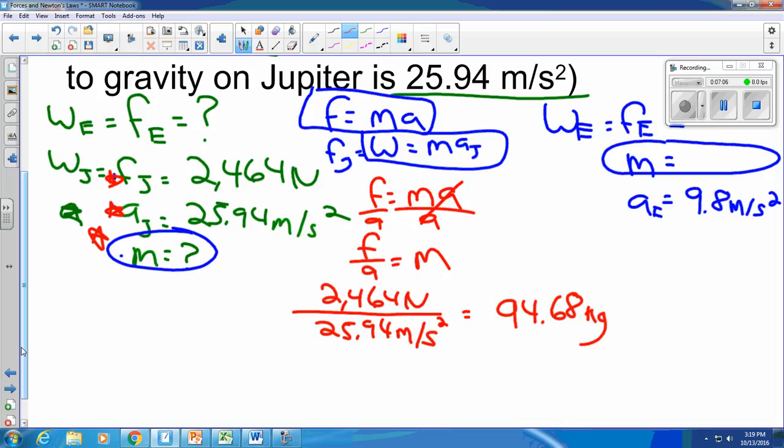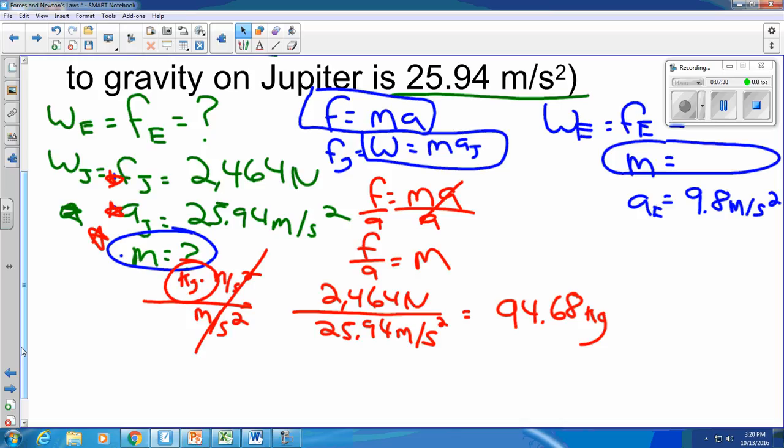Remember, kilograms must be the mass unit we're working with. Why? Well, if I only look at my units, what is a Newton? A Newton is a kilogram times a meter per second squared. Divide on the bottom by a meter per second squared. They go away. The only thing I have left is kilograms, and sweet! That's what I wanted. Okay?